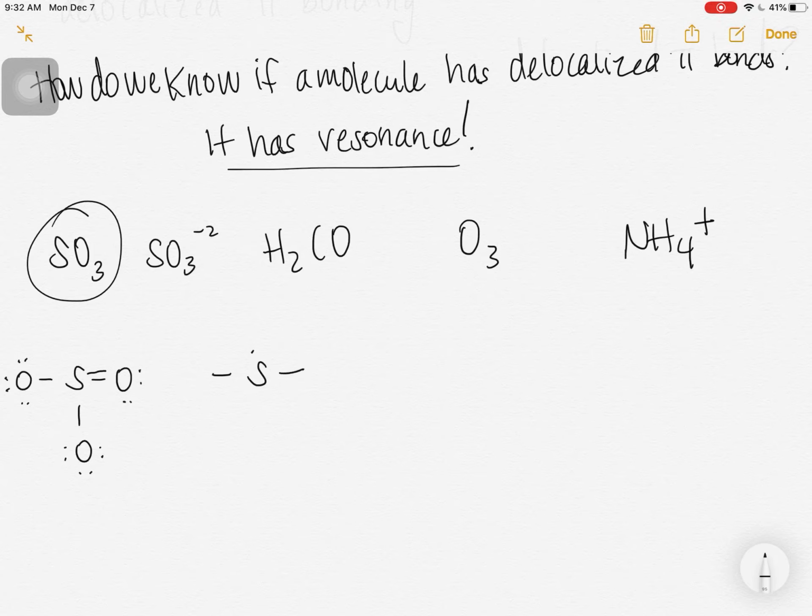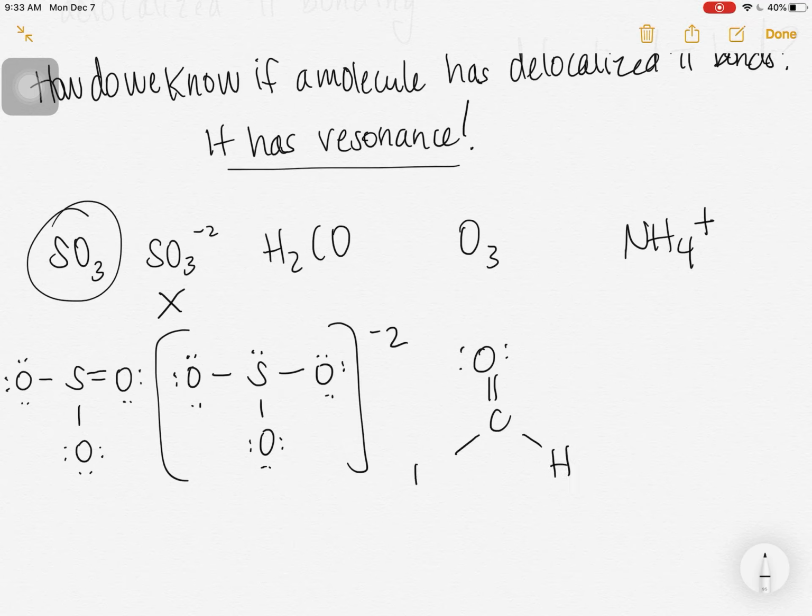SO3 2- has 2 more electrons than SO3, and so it actually is all single bonds. It looks like this, and it does not have resonance, so it does not have delocalized bonding. The bonding in SO3 2- would be referred to as localized, so this one does not.